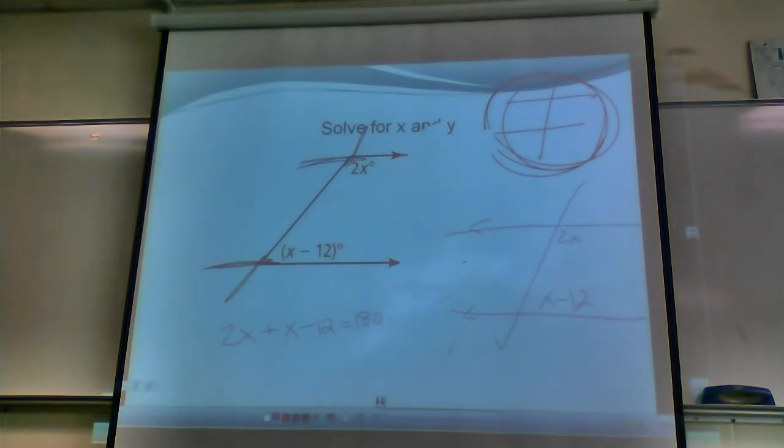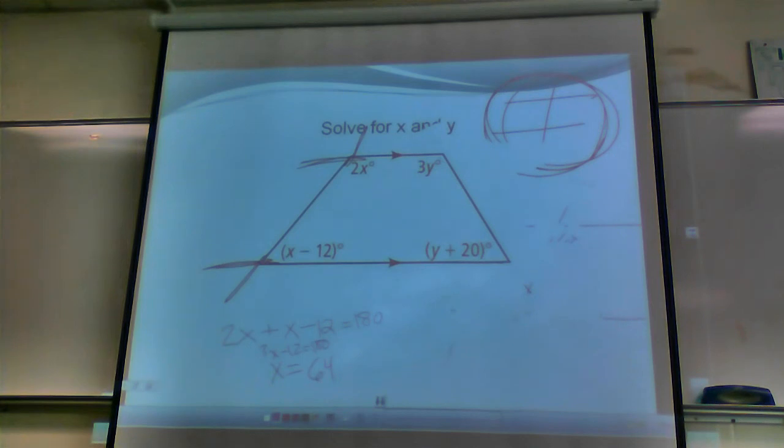So if I solve that out, what do I get? X equals 64. Then go through the steps: 3x minus 12 equals 180. Now here's the thing. Would I do the same thing for this other part? Yeah, those are same side interior.